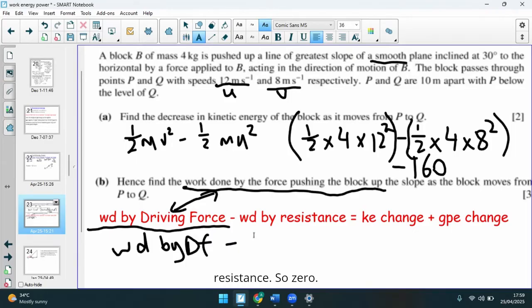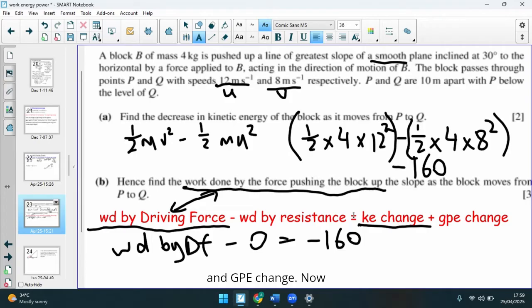That means there is no resistance, so 0. KE change was minus 160 and GPE change. Now, it's being pushed up, right? That means that's going to be positive GPE change. We need to calculate it.